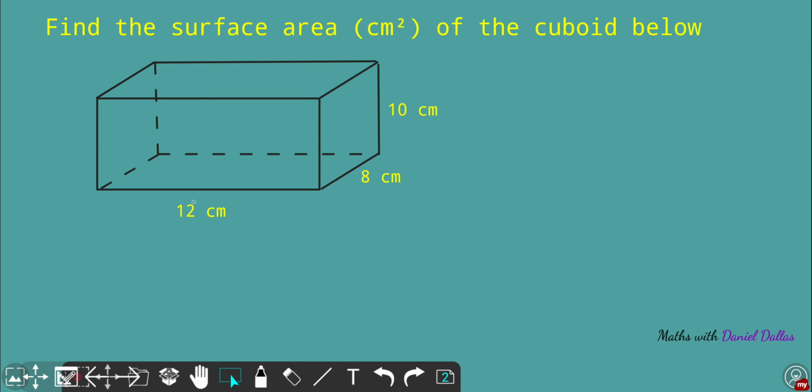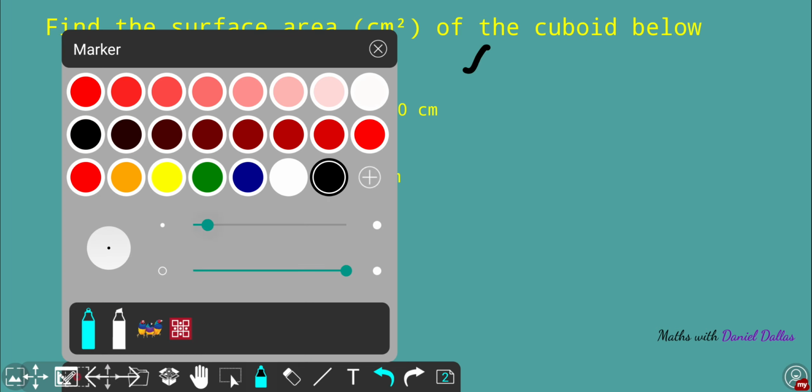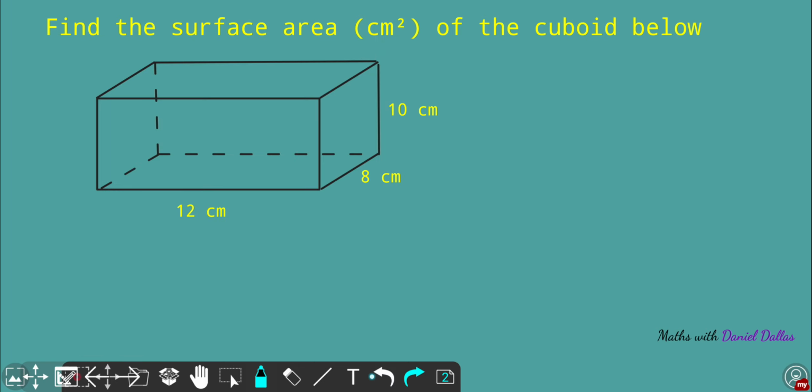Before we do that, we just write that the total area represents the sum of all the faces. So we just need to calculate the area of all faces around.